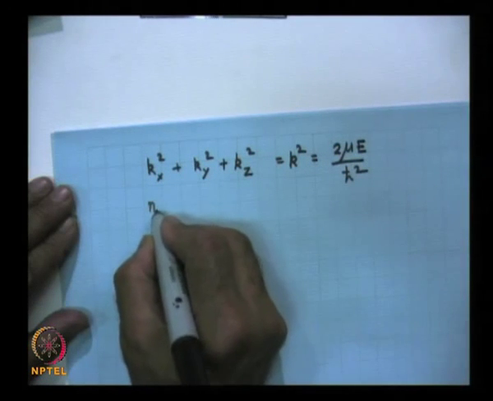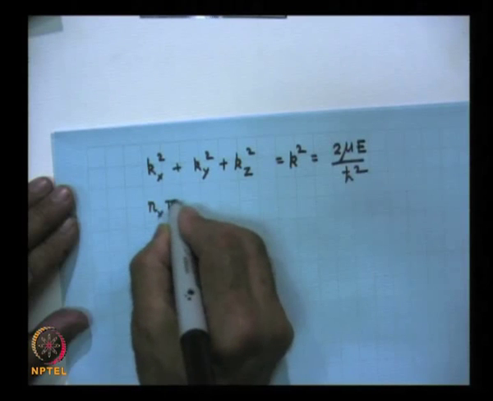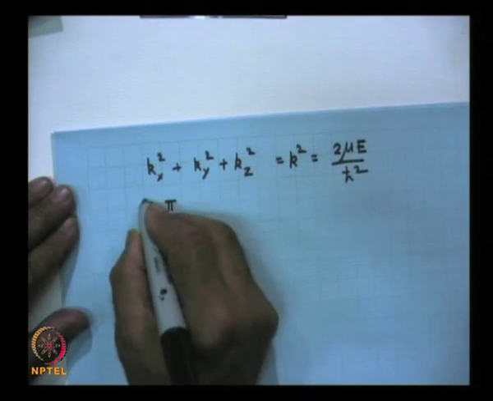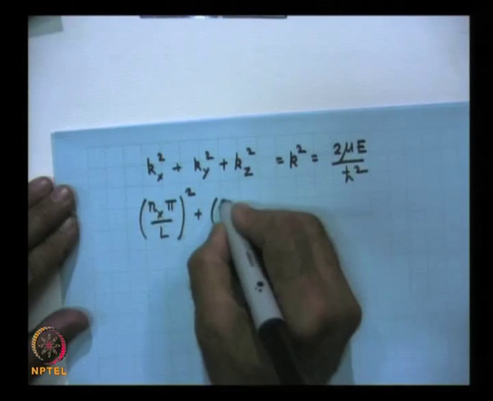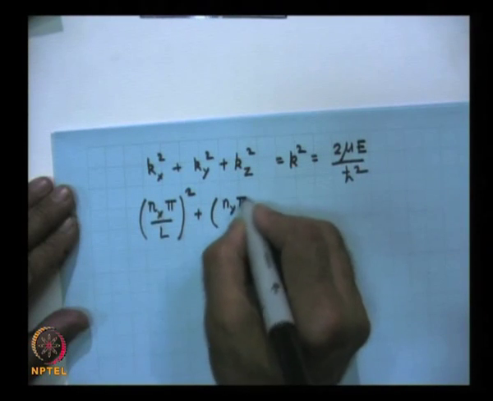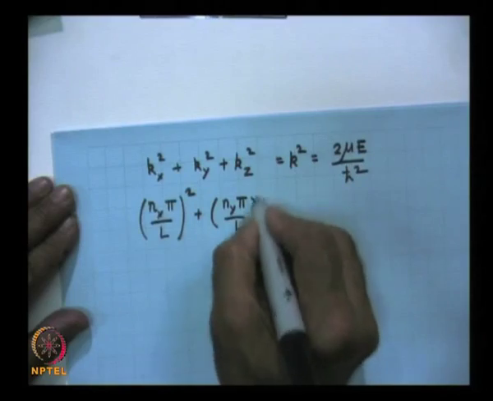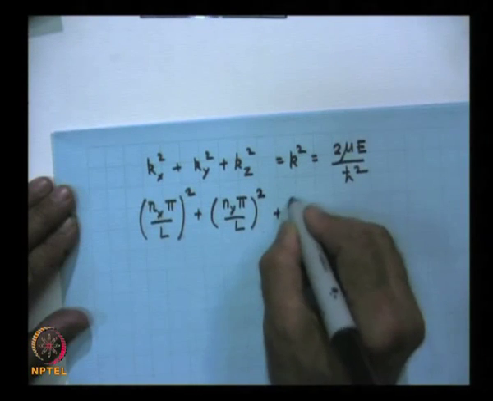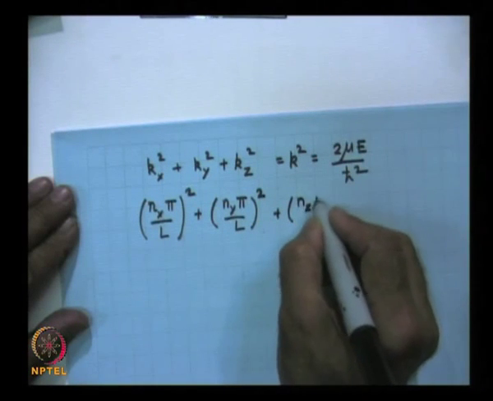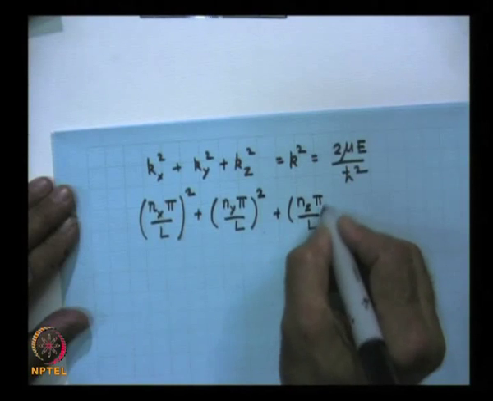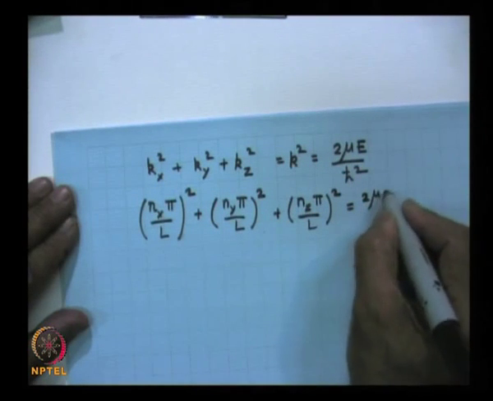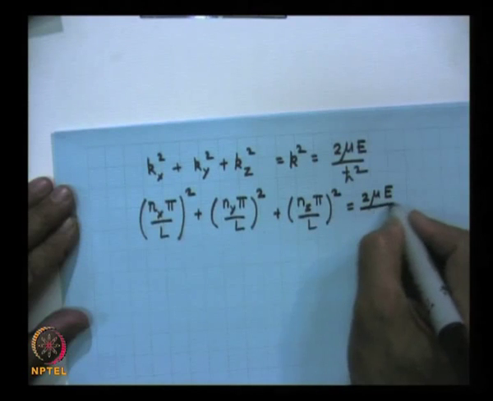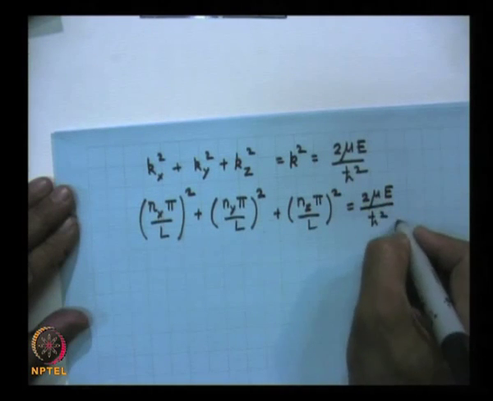So, you have n x pi by L whole square plus n y pi by L whole square plus n z pi by L whole square equal to 2 mu E by h cross square.